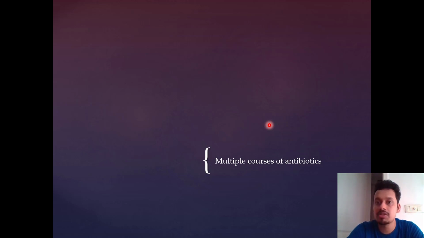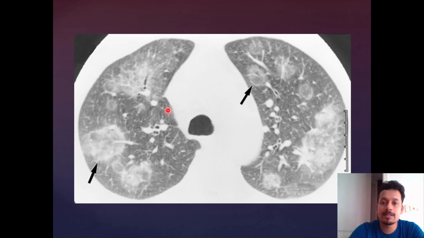Fever need not be persistent, and you do a CT scan, the X-ray might have some irregular infiltrates, usually predominantly bilateral and peripheral, and on the CT scan, you can see that this is a peculiar sign.